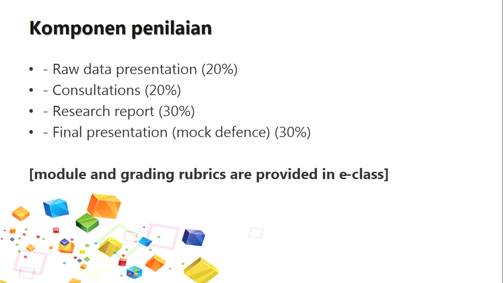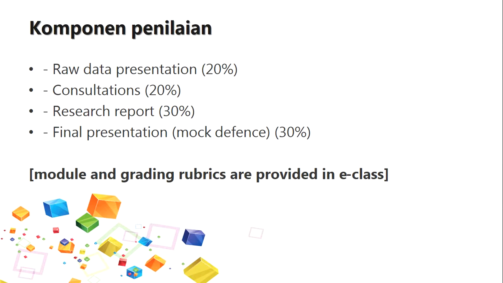And then the research report, 30%, that is the final paper, the written form of your chapter 4 and 5, plus the references and the appendix. Remember that references and appendixes are very integral part of your final papers and should not be left out.